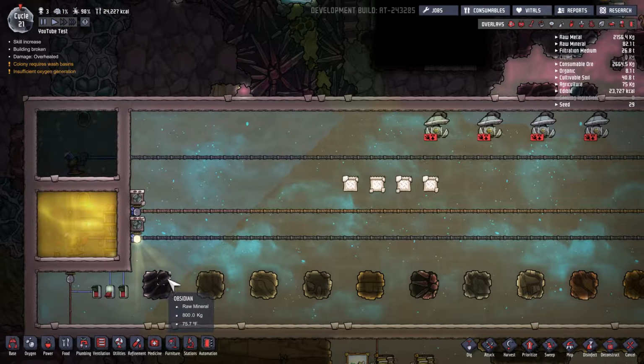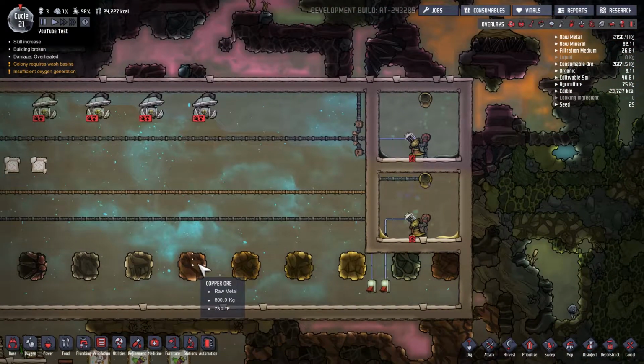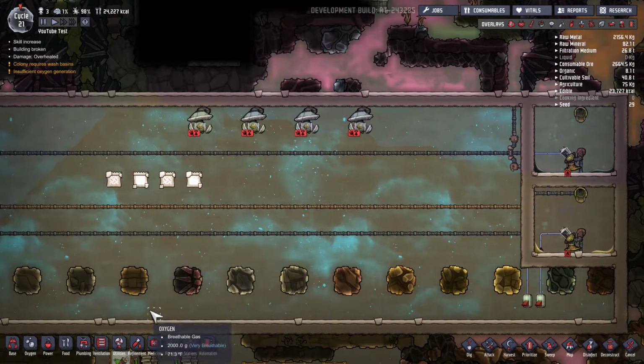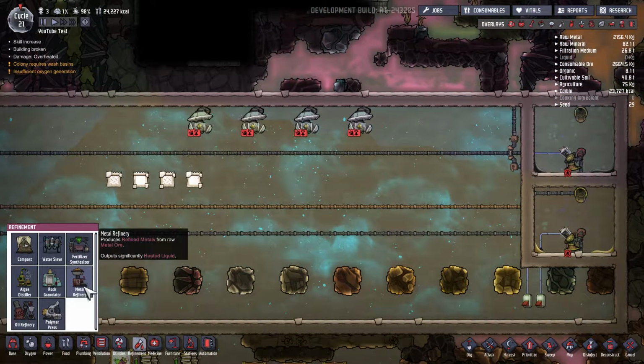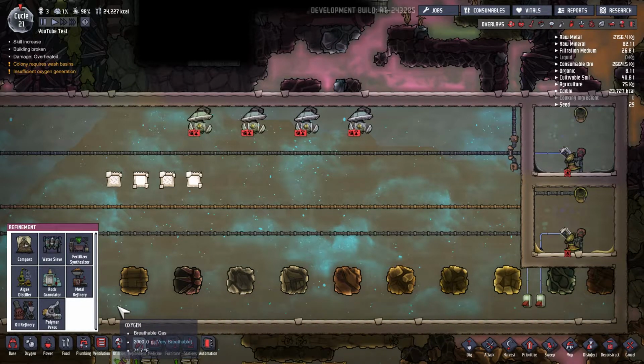Here we have obsidian, igneous rock, granite, sedimentary rock, sandstone, abyssalite, wolframite, tungsten, copper ore, copper, gold amalgam, gold, iron ore, and iron. Some of the materials require a metal refinery in order to get tungsten, copper, gold, and iron.